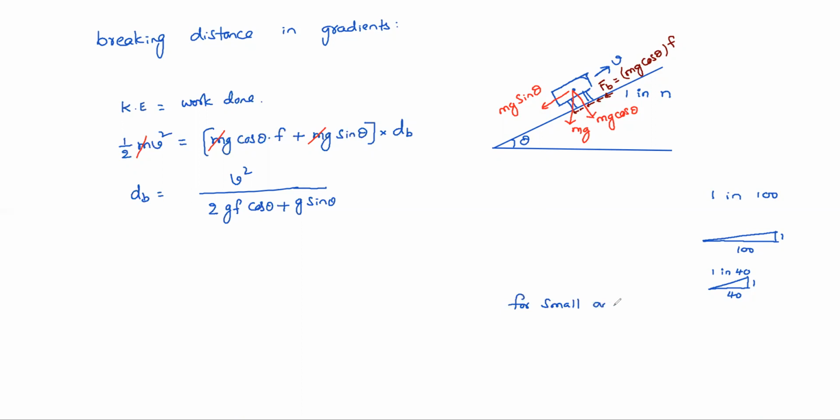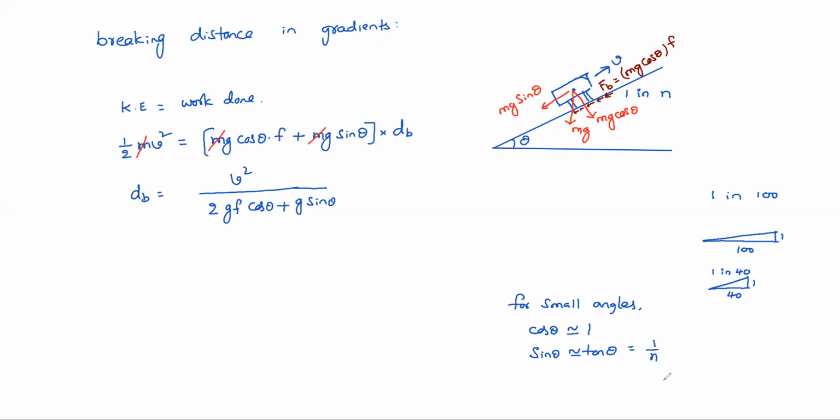For small angles, cos theta is approximately 1, and sin theta is approximately equal to tan theta, which is actually equal to 1 by n. 1 in n means 1 by n.